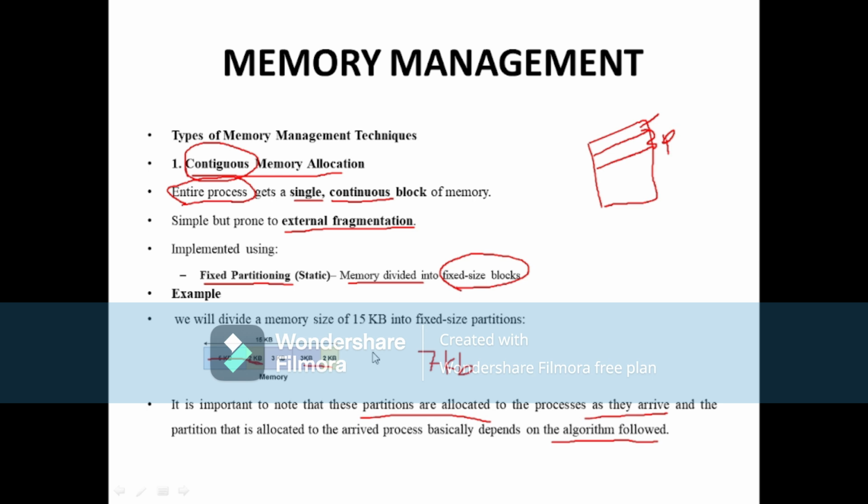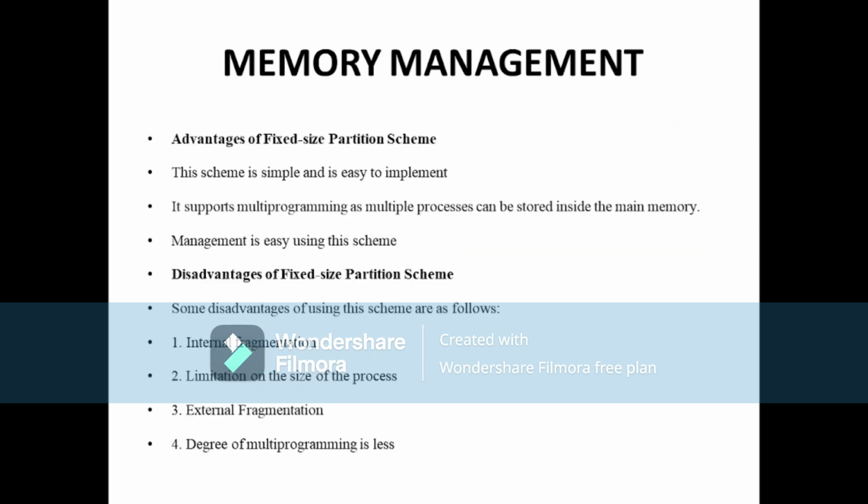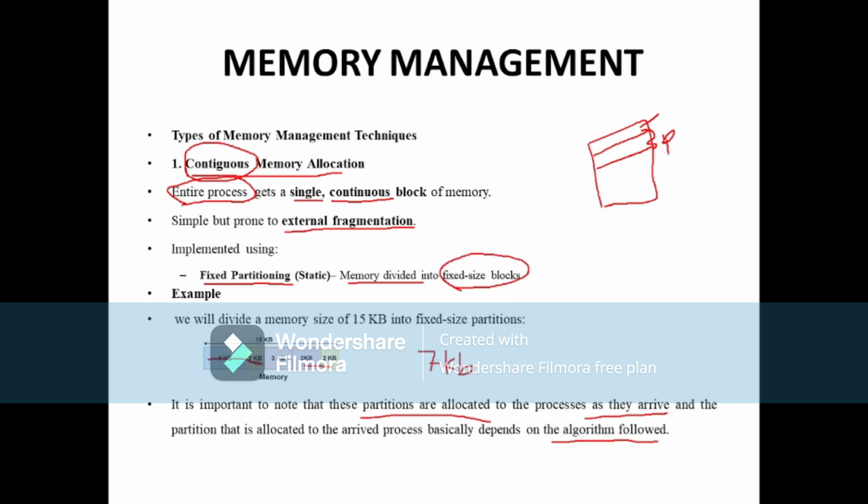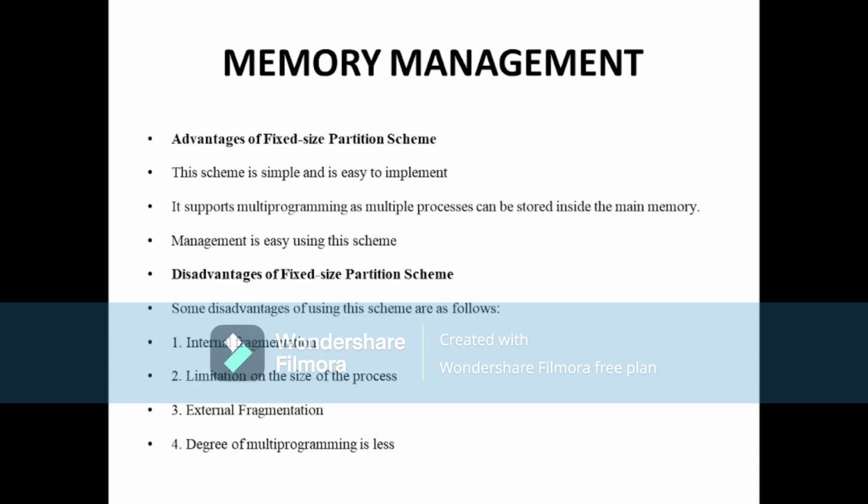Then we cannot load that process. So there is a limitation on the size of the process. The last disadvantage is that the degree of multi-programming is less. Since we have fixed size partitions, how many processes can be copied into the RAM depends totally on the number of partitions, and that decides the degree of multiprogramming.